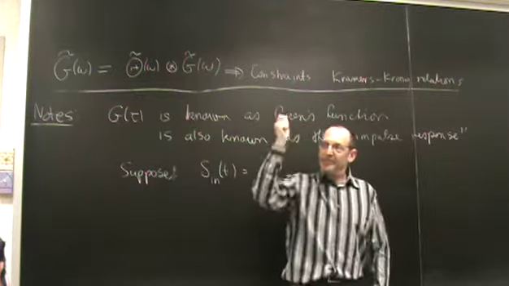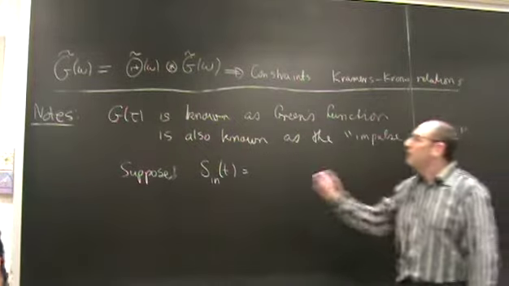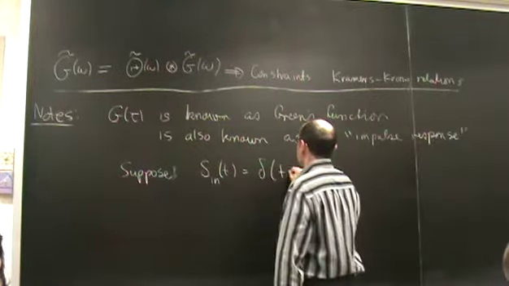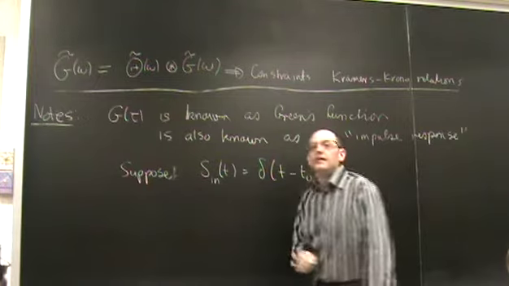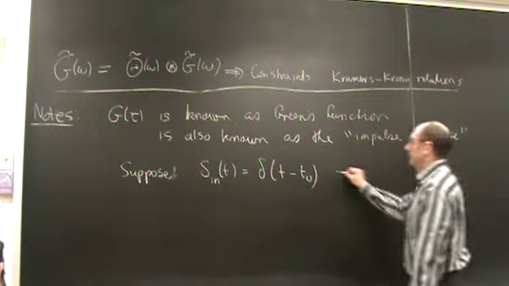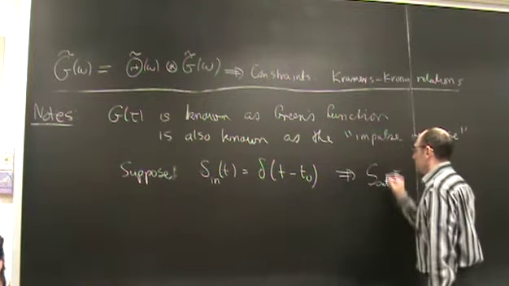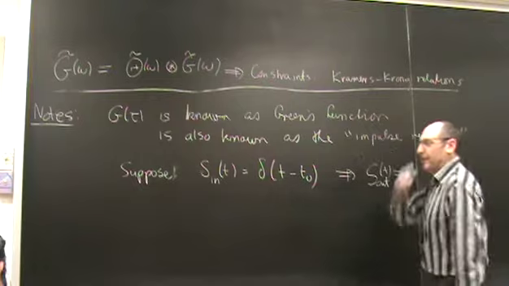I'm just going to put in a signal that's a very short pulse, which we'll write as a delta function at time t naught. Okay, so that's my input. What is the output in that case?